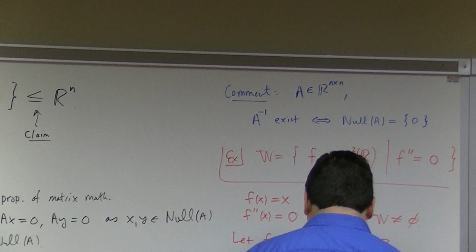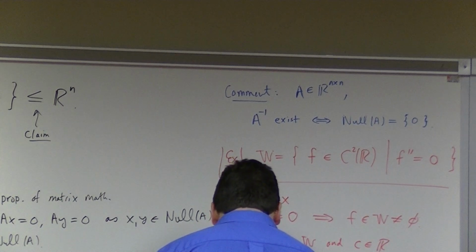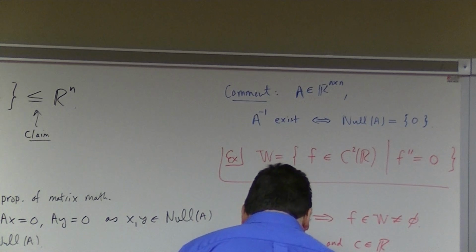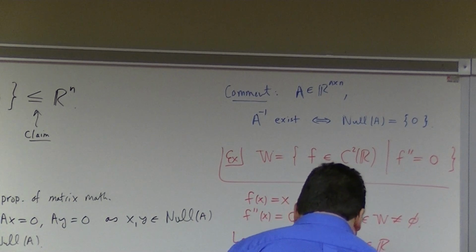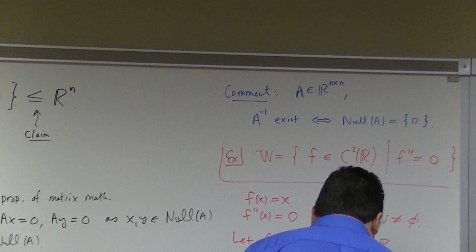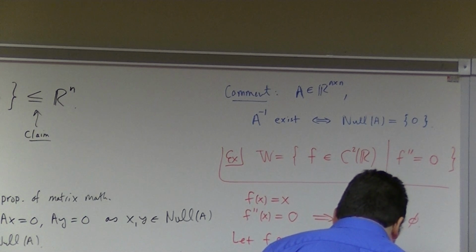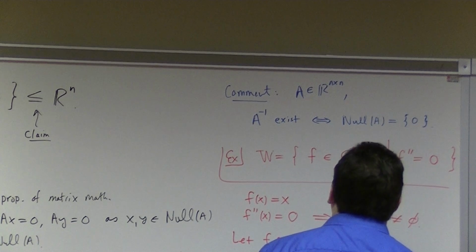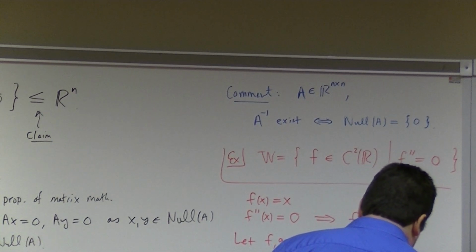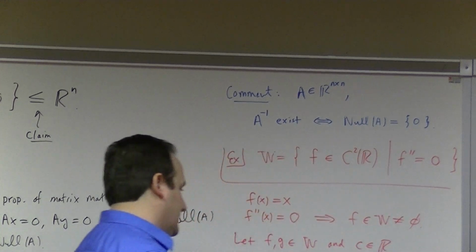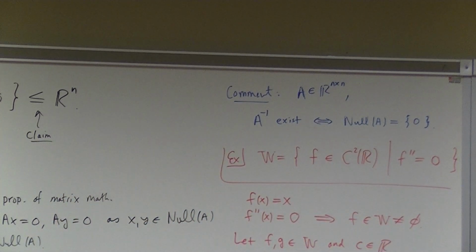So hence by the subspace theorem we conclude W is a subspace of C2, twice differentiable functions on R, which I argued was a vector space by the subspace theorem last class.